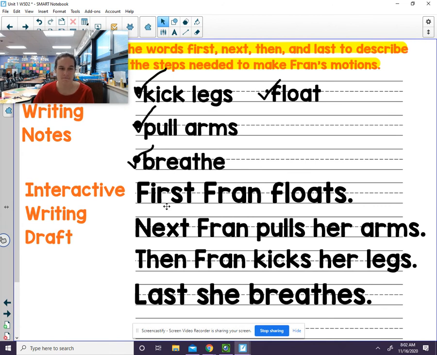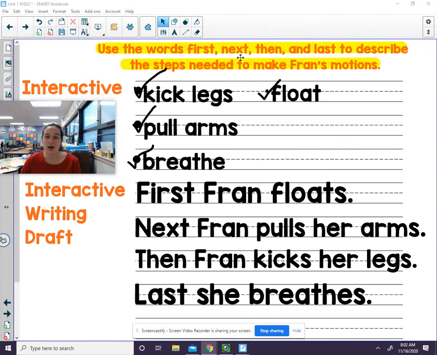Let's start over. First, Fran floats. Next, Fran pulls her arms. Then, Fran kicks her legs. Last, she breathes. We were able to answer our prompt about the steps Fran has to do to make her motion of swimming. Great job today.